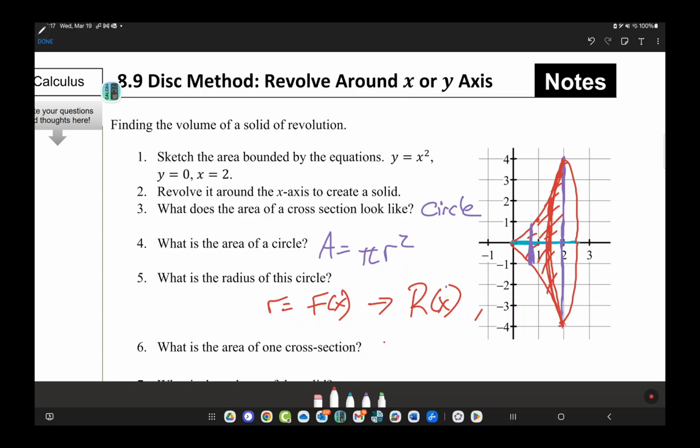We use capital R, and you'll see later on why. The nice thing about this one is there is no gap inside this revolution. It's one nice whole function.